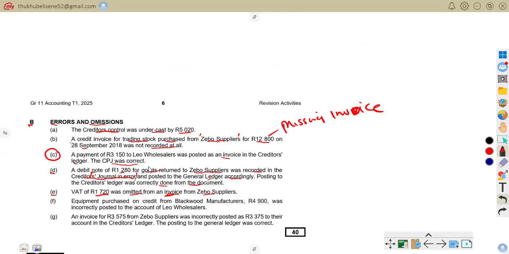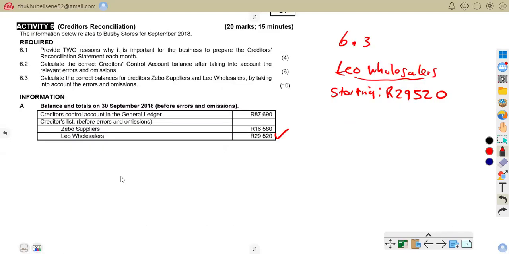So this do affect our Leo wholesalers. The payment of 3,150 to Leo wholesalers was posted as an invoice in the creditor's ledger, and the cash payment was correct. So we're going to have a payment posted as invoice.